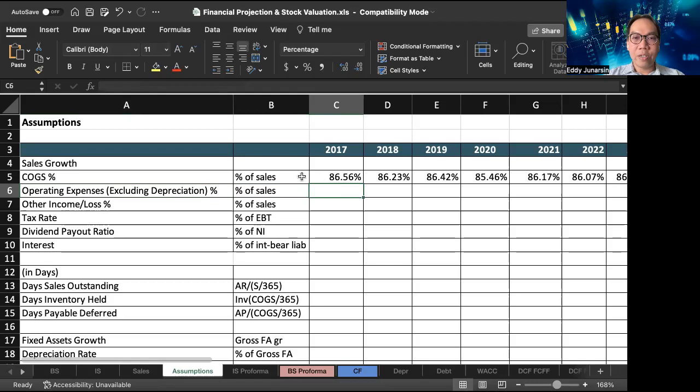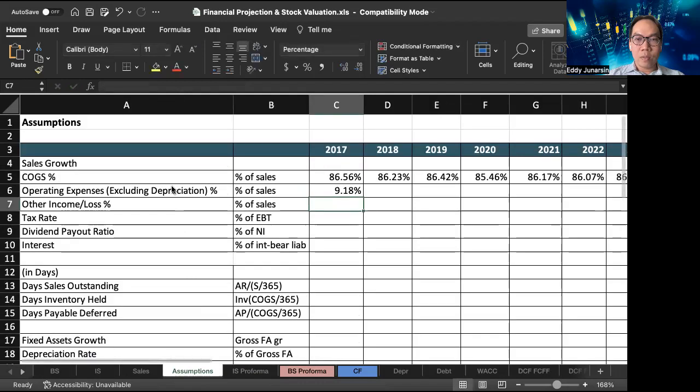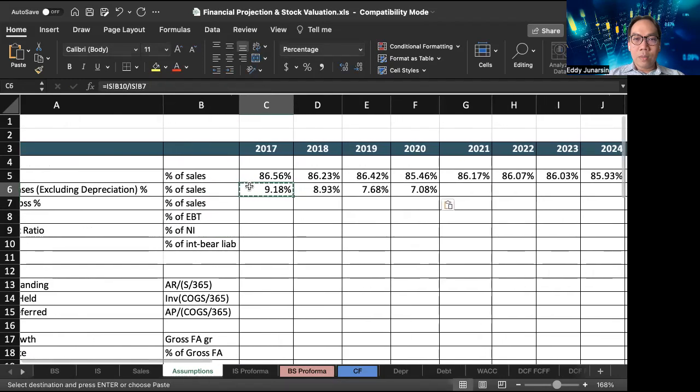So the cost driver here is again the sales. For 2017, historical operating expenses as a ratio to revenues is 9.18. This one is quite special. Look at the pattern here. It's descending, going down consistently.